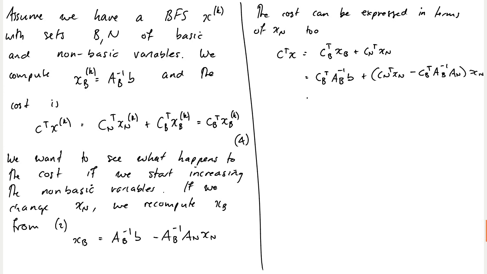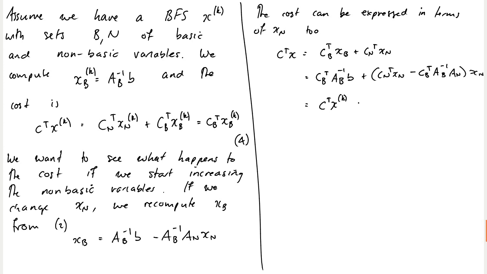Okay, so I'm just plugging in this here for xb, and that's what we get. So now it's purely expressed in terms of xn. And just to simplify our notation slightly, cB Ab inverse b, that's just our current cost. So that's just c transpose x of k. Okay, that's the cost we had, the cB transpose xB at step k before we started doing anything to it.